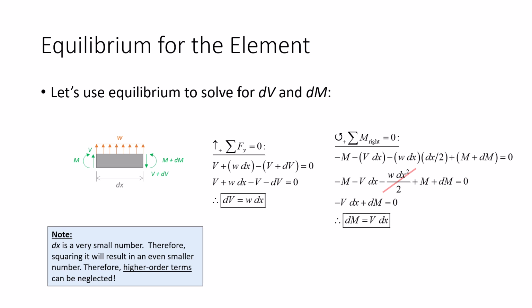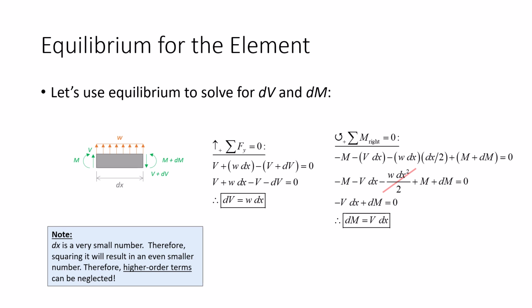I have the M plus dM over here. But in terms of this load here, what's the moment contribution? Well, it's the force, w dx, times the moment arm. And the moment arm is dx over 2, because with distributed loads, we can idealize that as a point load acting through the centroid. With me so far? Okay.